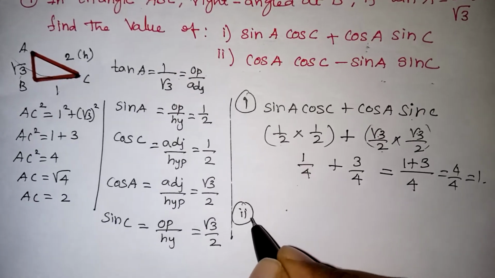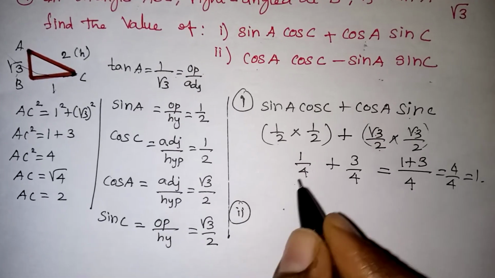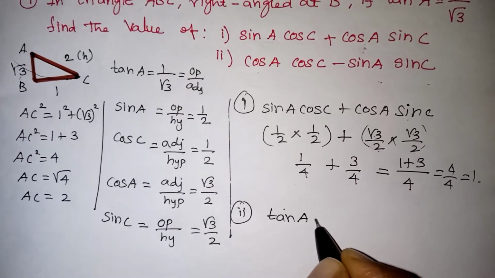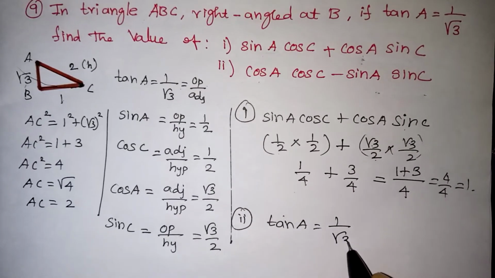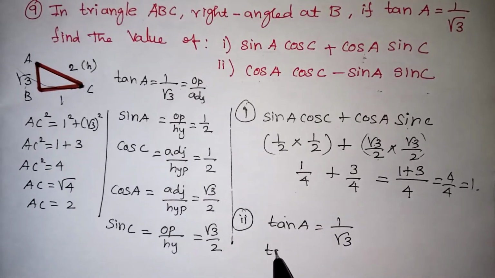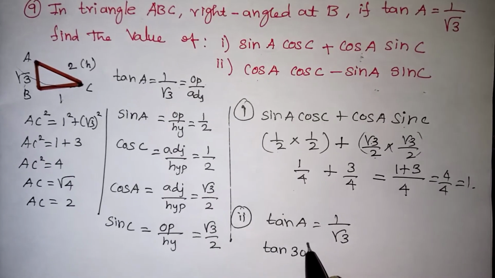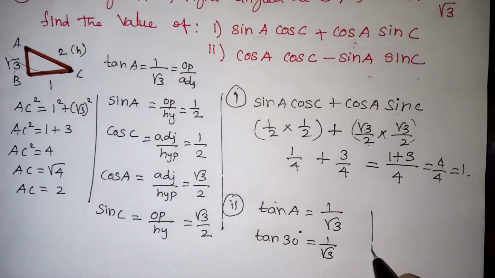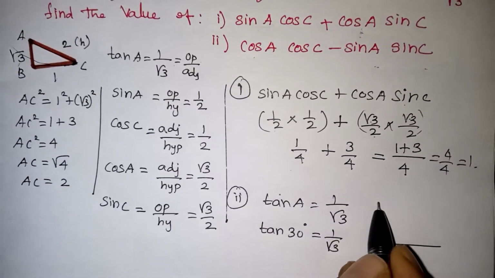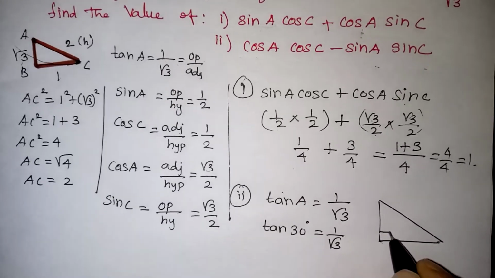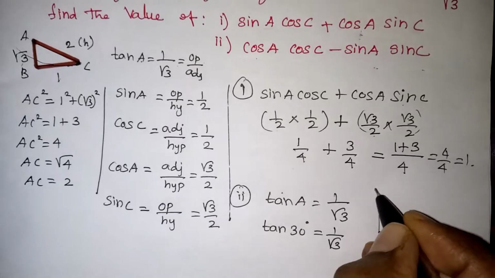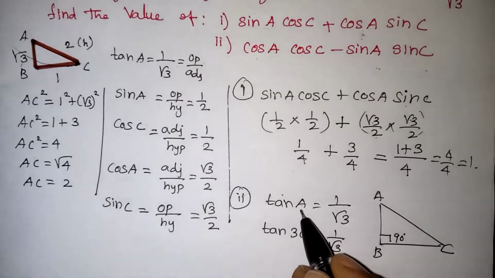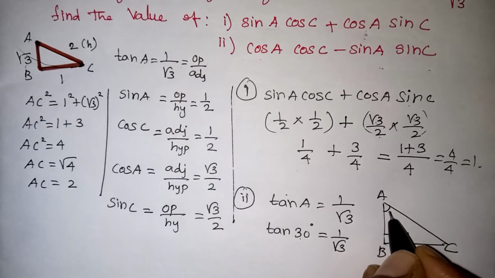Another way of solving this problem: here tan A is given as 1 by root 3. So 1 by root 3 is the value of tan 30 degree. So this is our triangle. In this triangle, this is 90. Here we take angle A, this is angle B and this is angle C. Now in the place of A we are getting 30, so write 30 here.